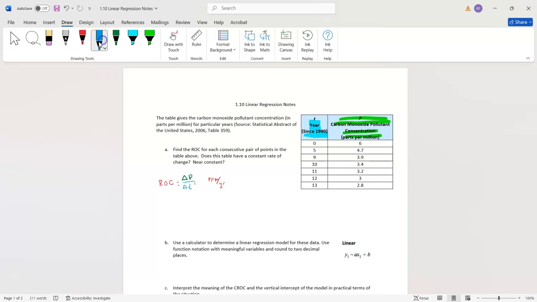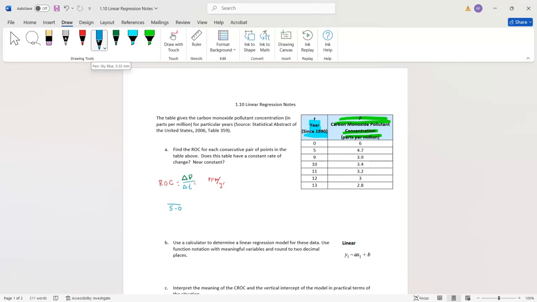What we have to do is calculate the rate of change for every single one of these data points. I'm just going to start from the top and go down. Remember, we're thinking about ending minus beginning, although we do not necessarily have to do it that way as long as we keep our ordered pairs correct.